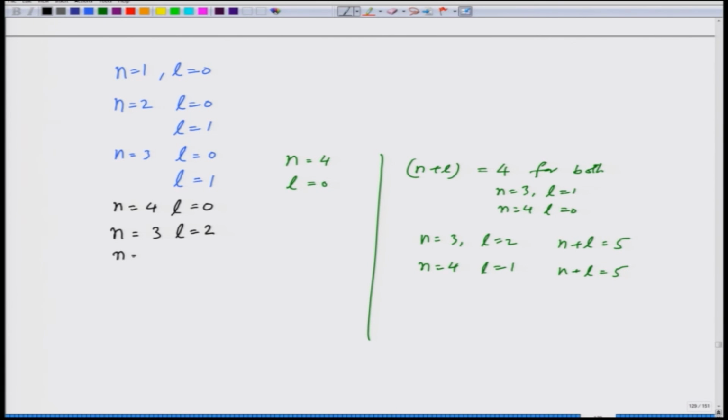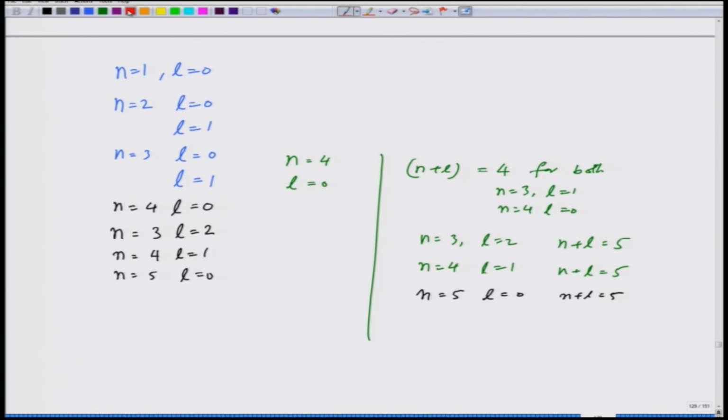Now I also have n equals 5, L equals 0, n plus L is 5. But first I am going to fill for all these the lowest n. So, n equals 4, L equals 1, and then n equals 5, L equals 0. This is the order in which I will fill.